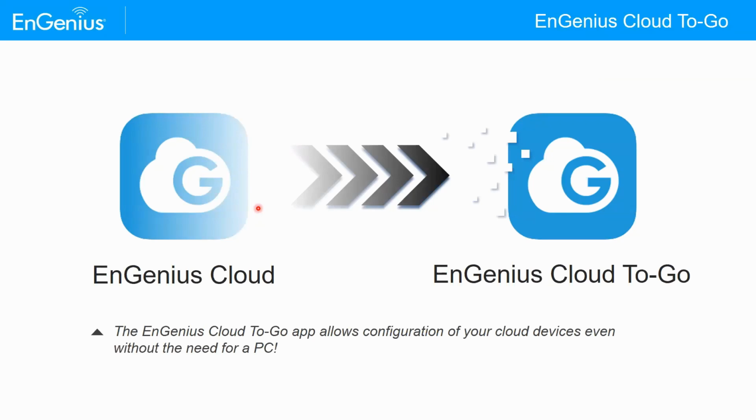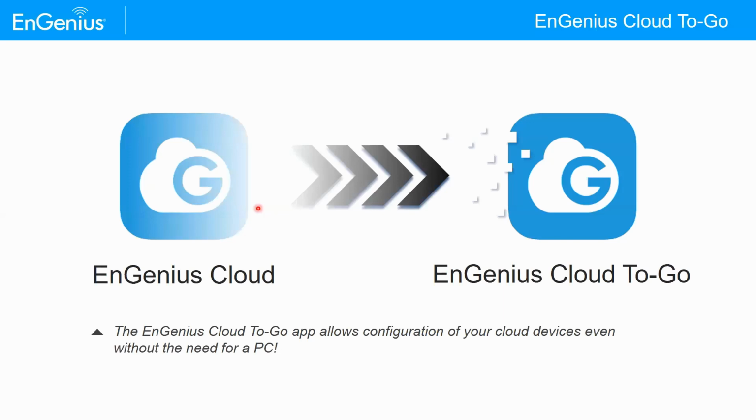So when we do the rebrand or the relaunch, what's going to happen is we'll be unlocking configuration from the application. That basically means that you'll be able to do full configuration, monitoring, and troubleshooting from the application itself. Even if, for example, you want to set up a new deployment and it's the first time you're setting up a cloud system.